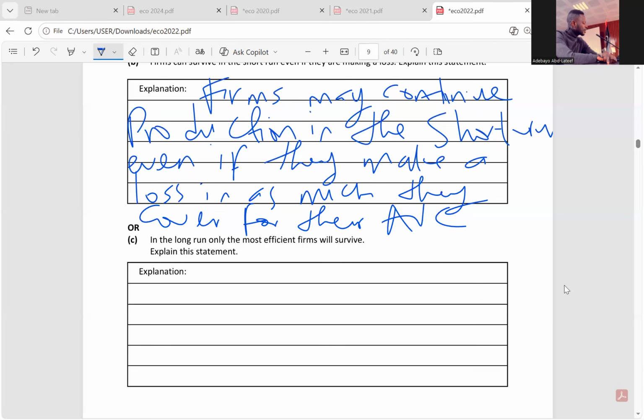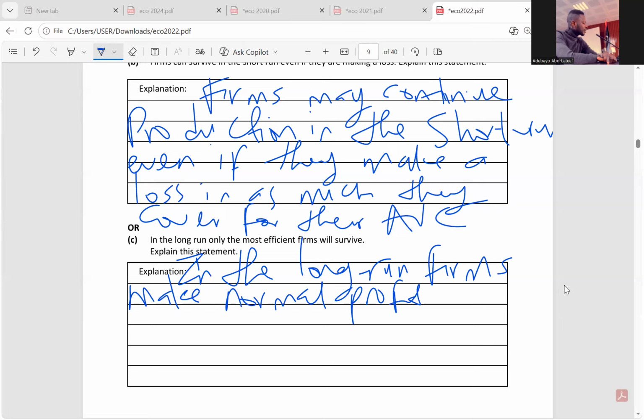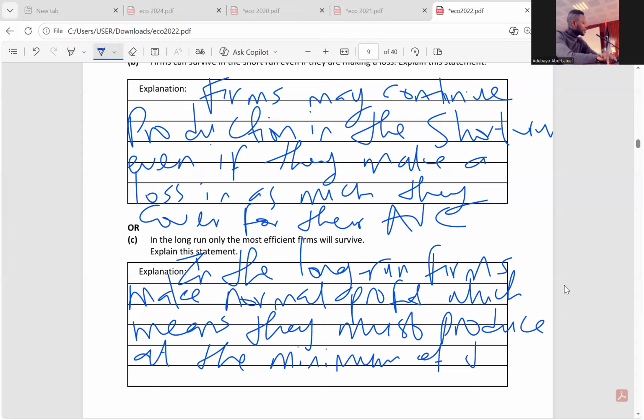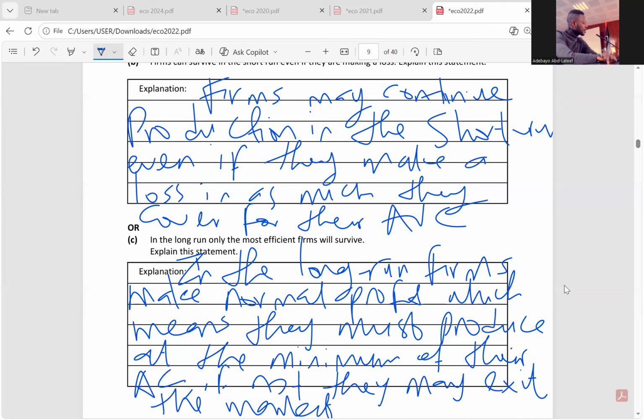In the long run, firms make normal profit, which means they must produce at the minimum of their AC. If not, they may exit the market.